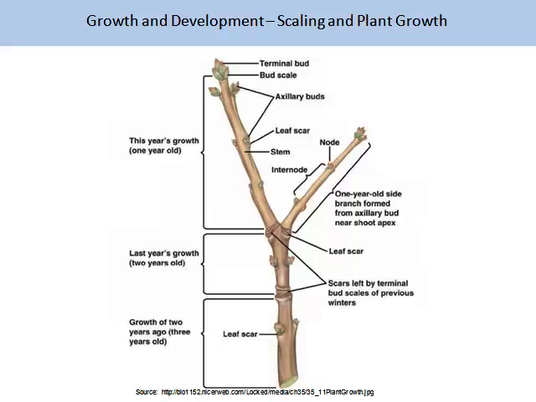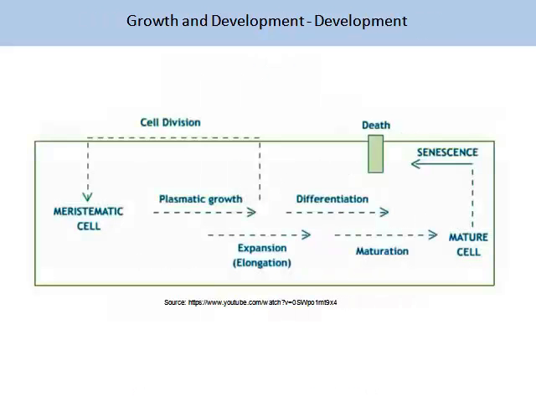Growth can be defined as an irreversible, permanent increase in size. Here we have an illustration of the stages of growth of a bud. You can see year 1, year 2 and year 3 growth. It is helpful to differentiate between growth and development.